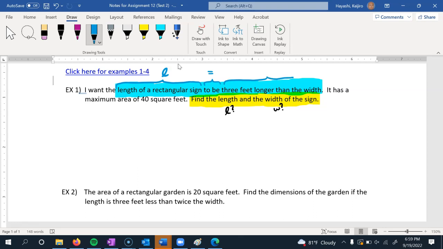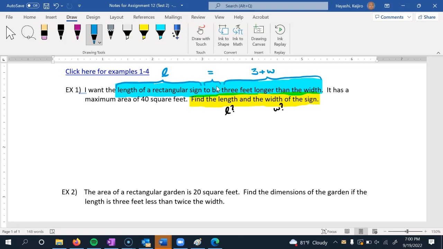A lot of you will want to say 3 plus W, and that's not wrong, because when you're adding two things together, it doesn't matter what order you're adding them in.